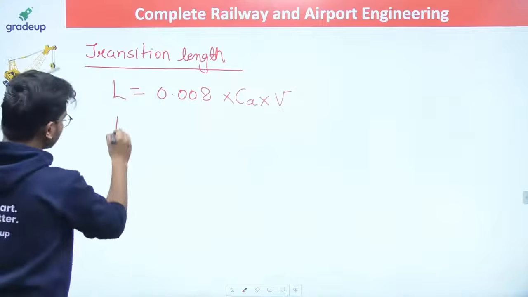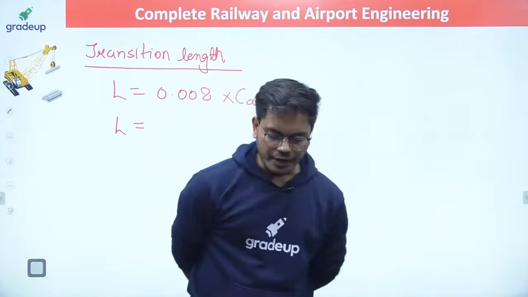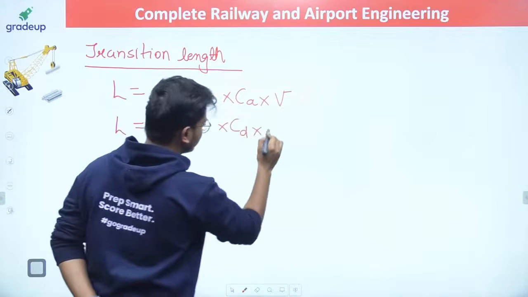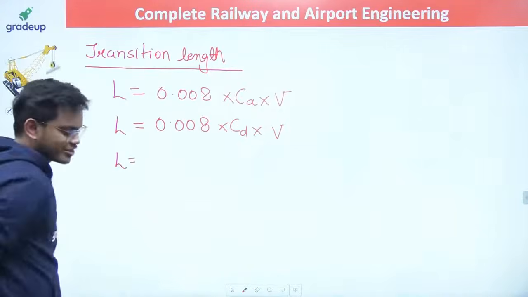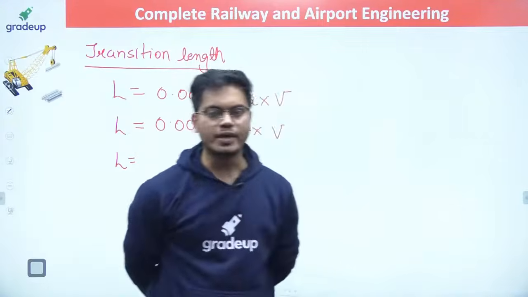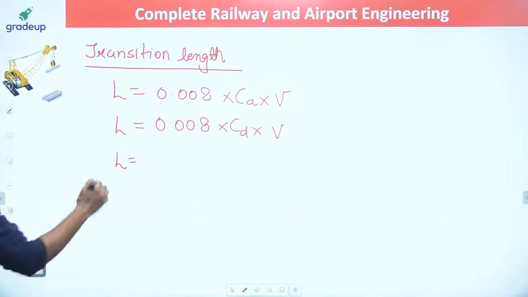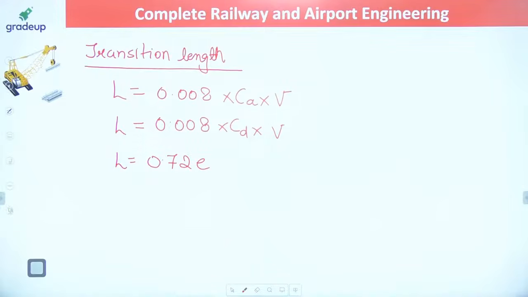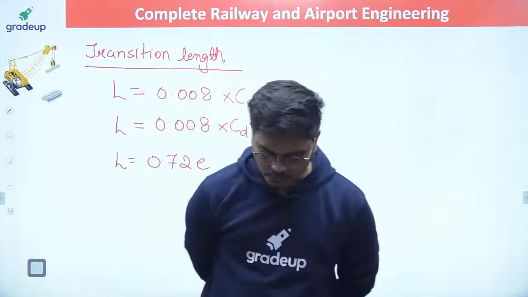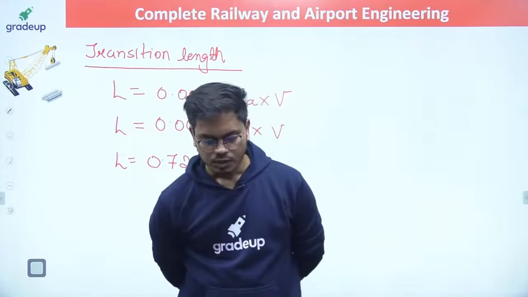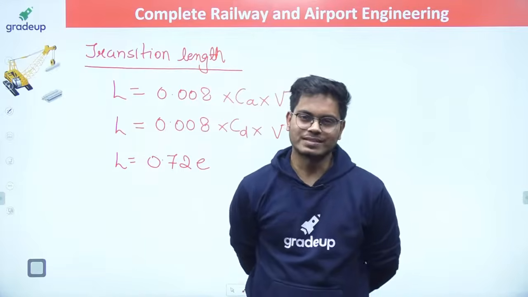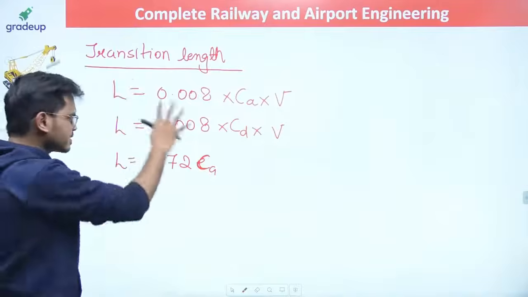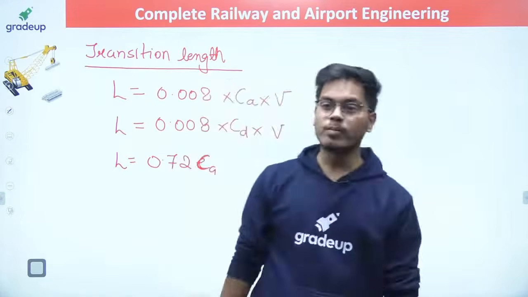Okay guys, and another one is 0.008 into CANT efficiency into velocity, and the last one, for the checking criterion, is 0.72 into E. E is nothing but the actual CANT only. Somewhere you write E, somewhere you write C. Don't worry, I'll be writing C only. Now guys, this is the simple thing, and you have to take the maximum of these.